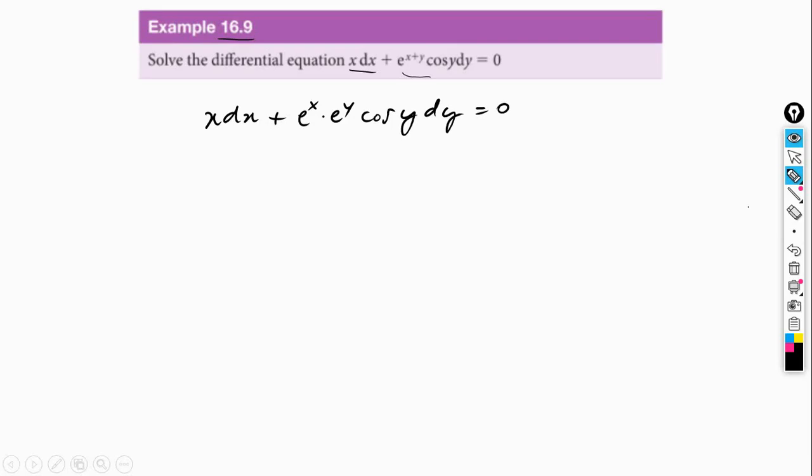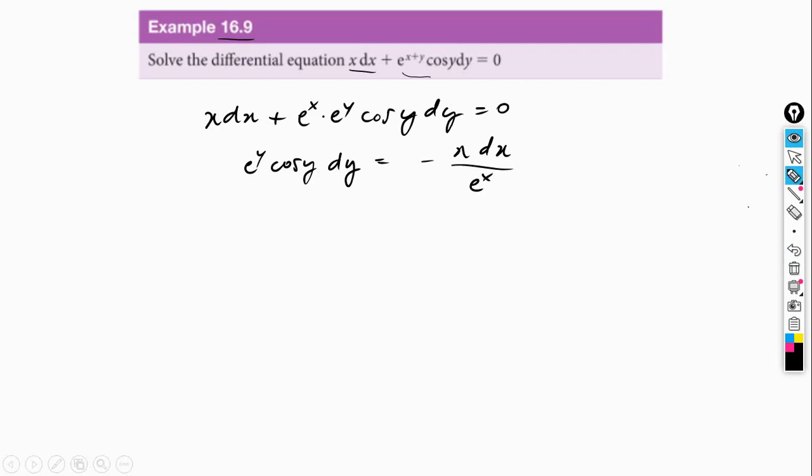And then we can rewrite this as e to the y times cosine of y dy is equal to minus x dx divided by e to the x.